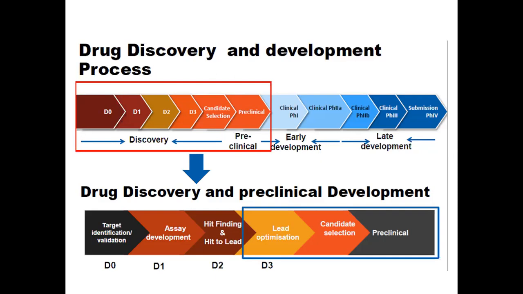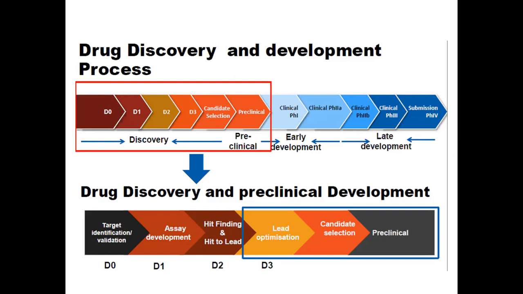They did some assays, and ultimately there was lots of hit finding, and hit to lead means there are lots of things which can modulate that particular target, that means the DPP4 enzyme. Ultimately they found the respective DPP4 inhibitors, and then there was lead optimization, and ultimately some candidate selection.